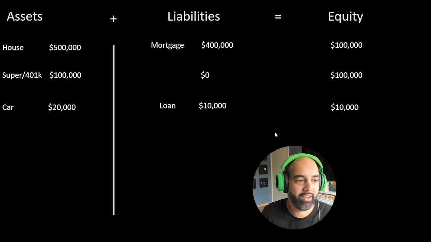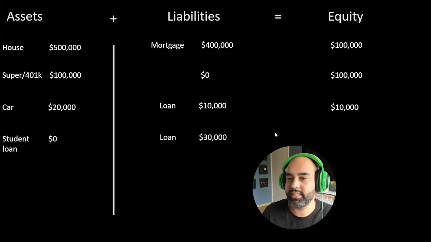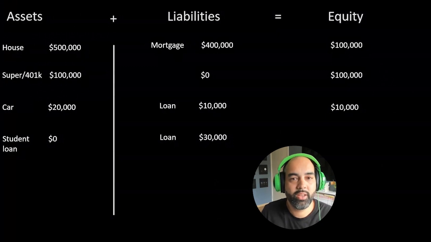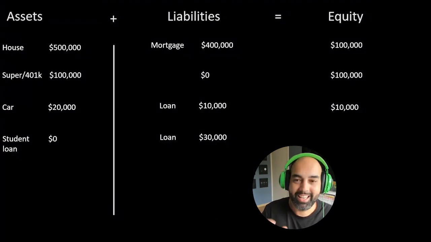Now, let's say you have a student loan. At the moment, the asset on that is 0. Let's say you've spent all the money. The liability is $30,000. And let's just say this is actually a student loan. Let's just call it student debt. So you've gone into uni and you've got $30,000 worth of debt, and the asset, your actual diploma, is worth $0.